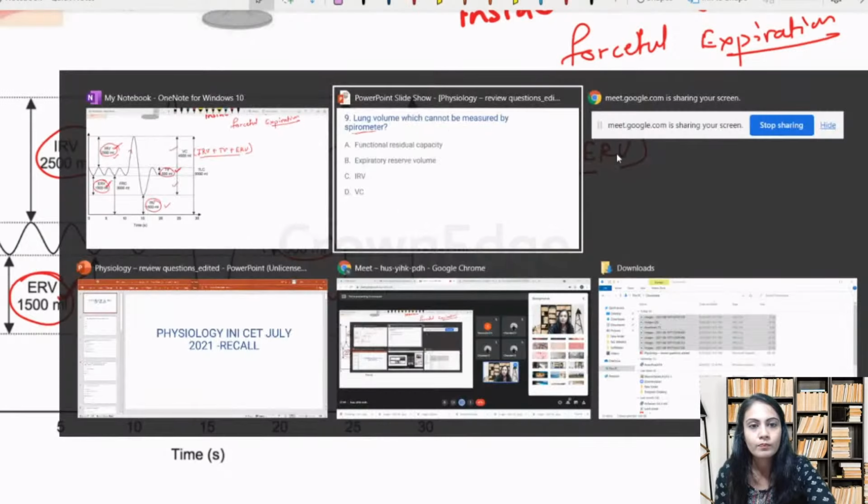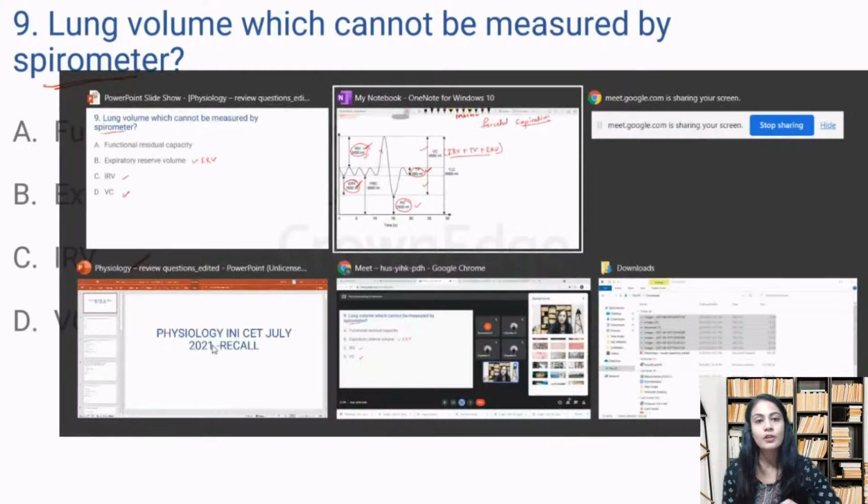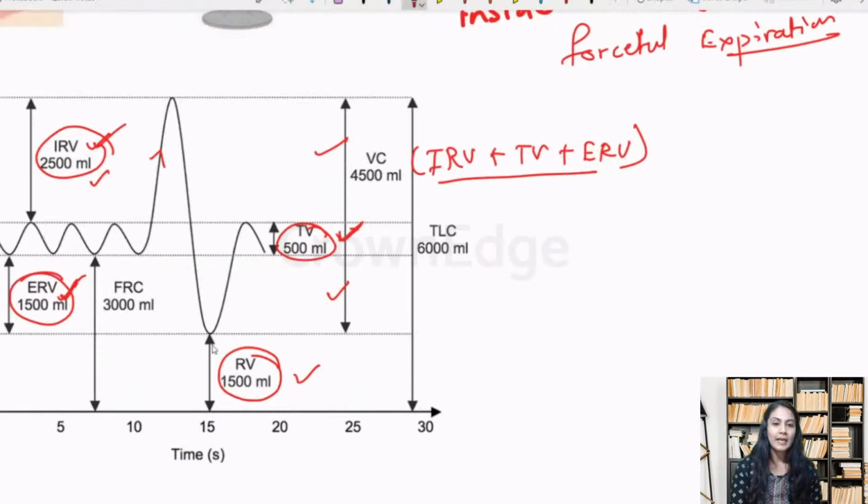We can measure the expiratory reserve volume, we can measure the IRV also, and to these two volumes, if you add the tidal volume, we can measure the vital capacity. But I told you, what is the functional residual capacity? If you combine the residual volume with the ERV, functional residual capacity is the combination of these two things.